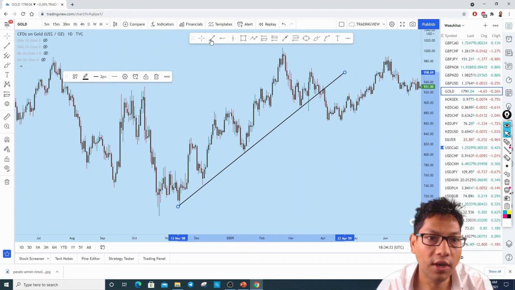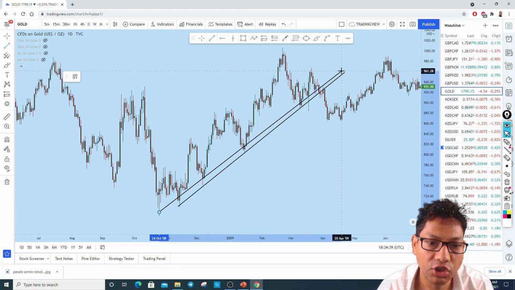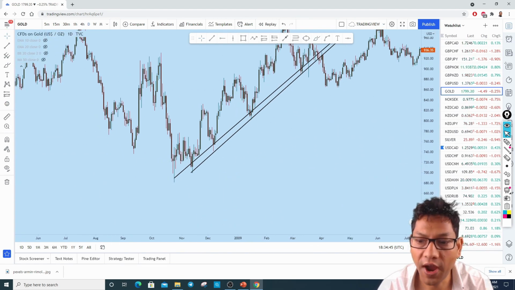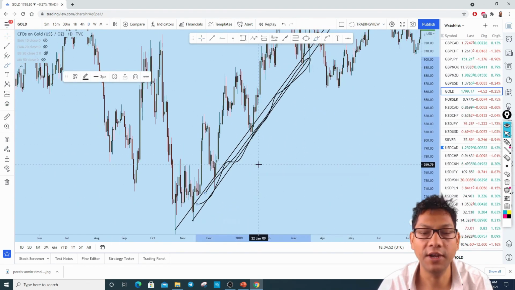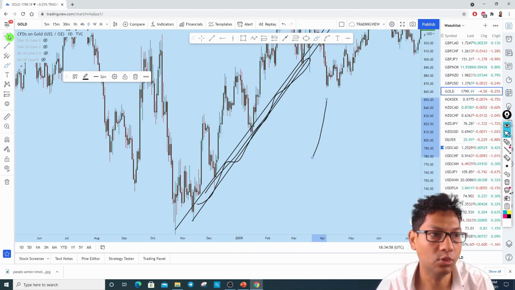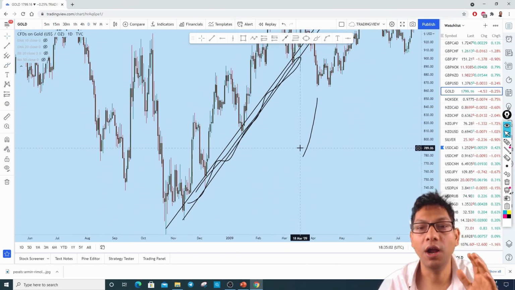And the next one is you need to connect as many as possible the edges of the bodies of the candles. So this is the zone where you need to find a trading opportunity, and this is where you will buy or sell if it is broken like that, this one here. And that's how you will draw a trend line.